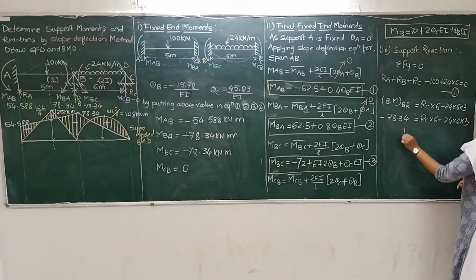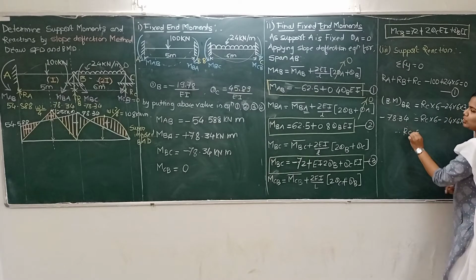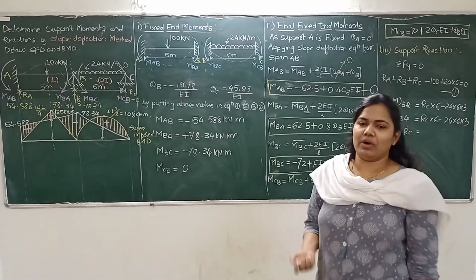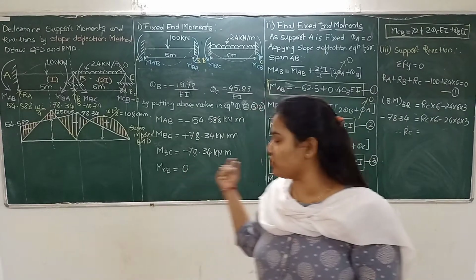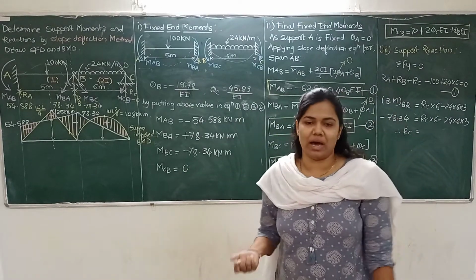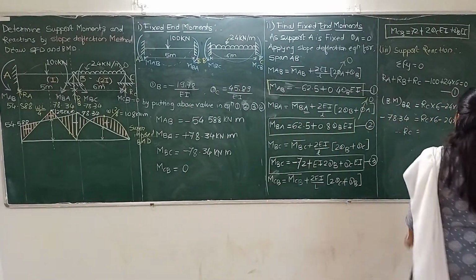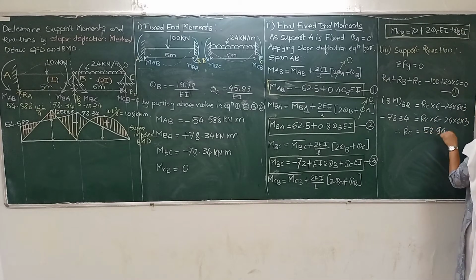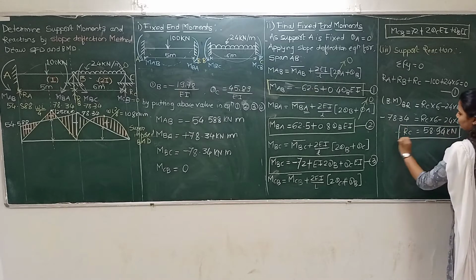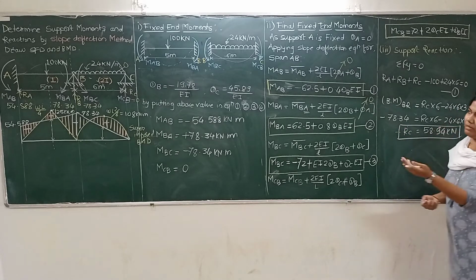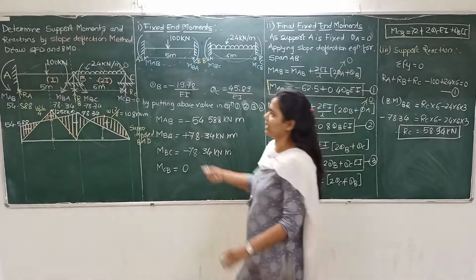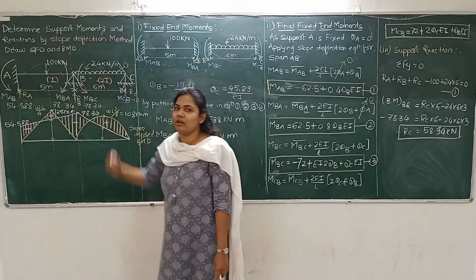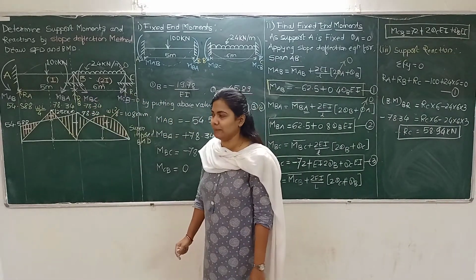When you solve this equilibrium equation, you will get the value of RC is equal to 58.94 kilonewton. That is our first unknown reaction, by considering the section at B and observing the right part of the section and writing the bending moment equation for the right part of B.